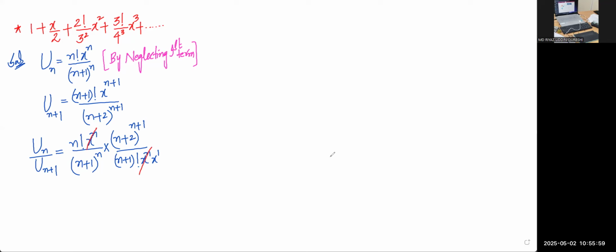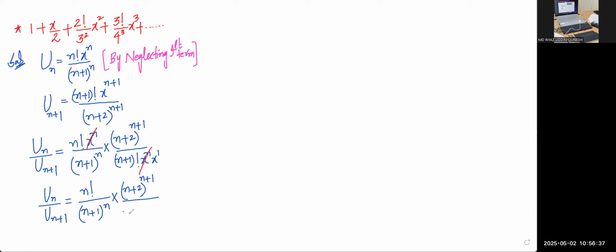Now next step: un by un plus 1 is equal to n factorial as it is, divided by n plus 1 whole power n as it is, multiplied by n plus 2 raised to the power of n plus 1, divided by this one.